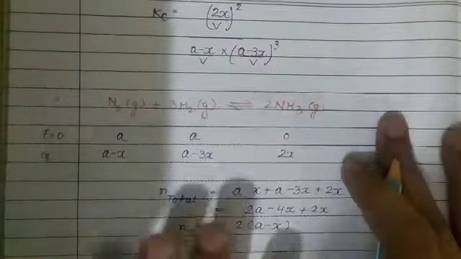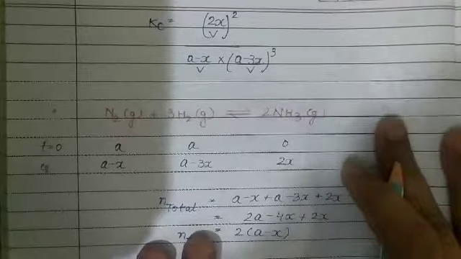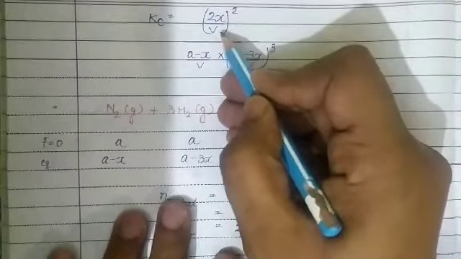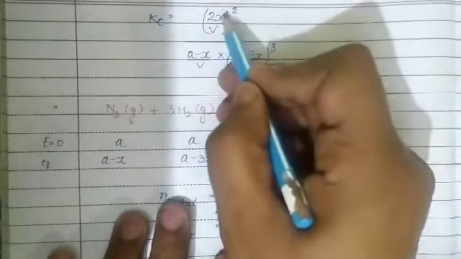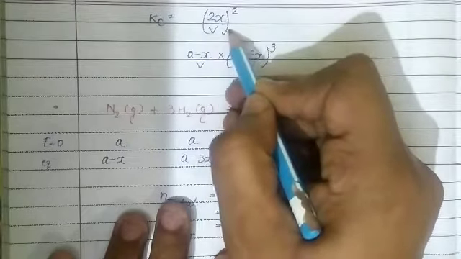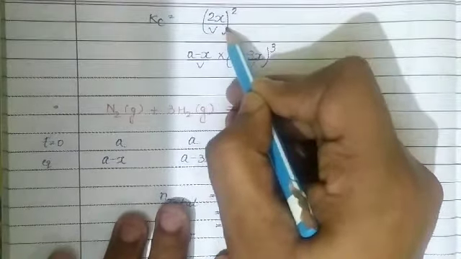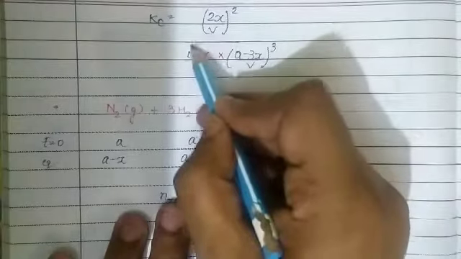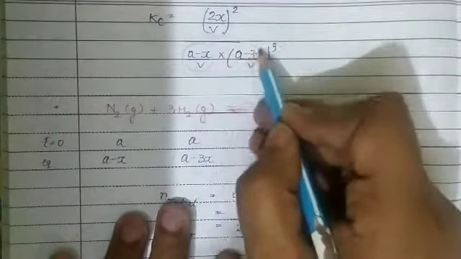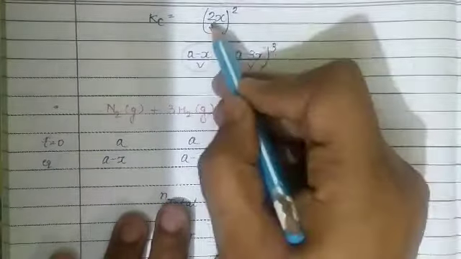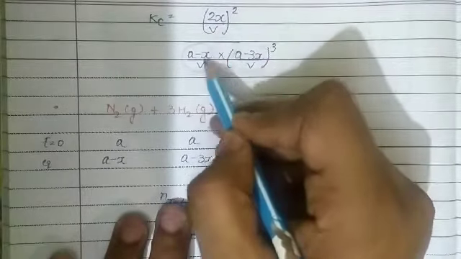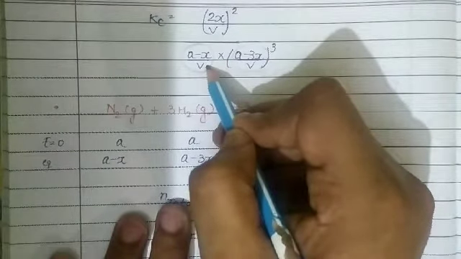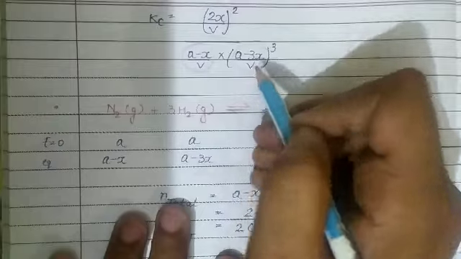So Kc will be the concentration of NH3 at equilibrium squared, divided by the concentration of N2 gas and the concentration of H2 cubed. Now we have the concentrations of NH3, N2 and H2.